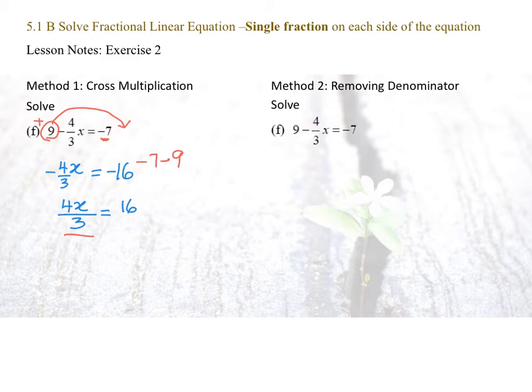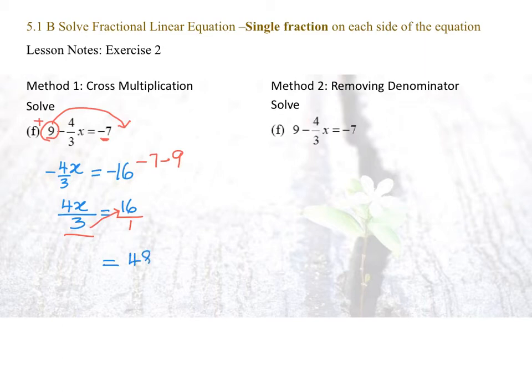My right hand side, I can convert this into a single fraction by writing 16 over 1. Now let us do a cross multiplication. Equal sign stays in the center. The denominator cross multiplies over. So 16 times 3.